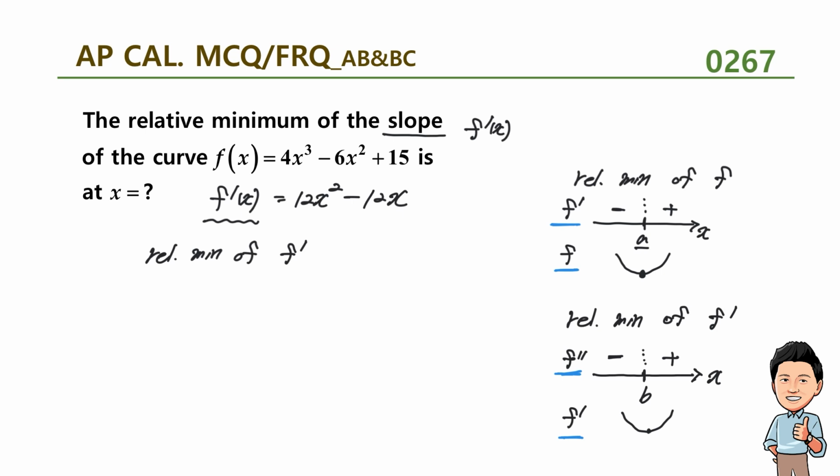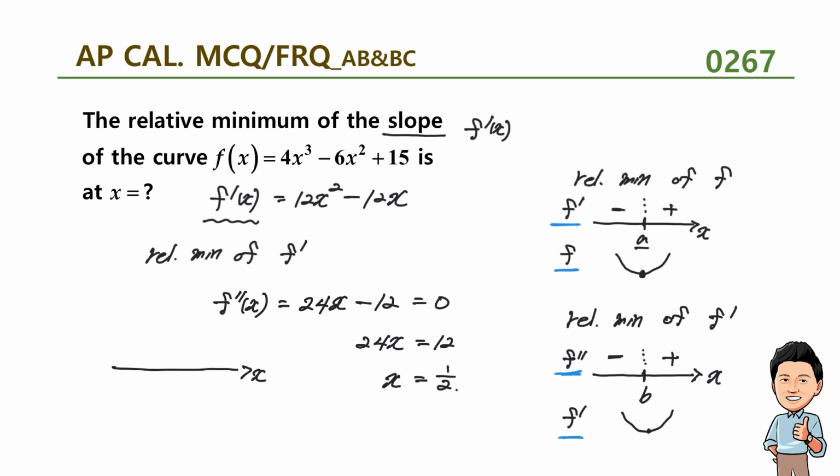So f double prime of x is equal to 24x minus 12, right? So that is equal to 0. So 24x is equal to 12, then x is equal to 1/2, right? So we're going to test it right here. Here's 1/2.